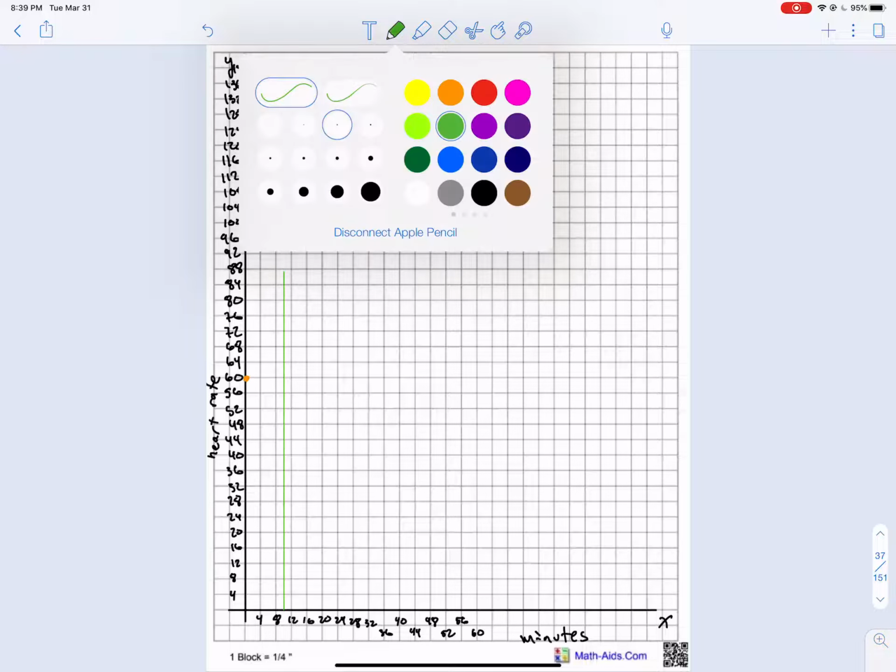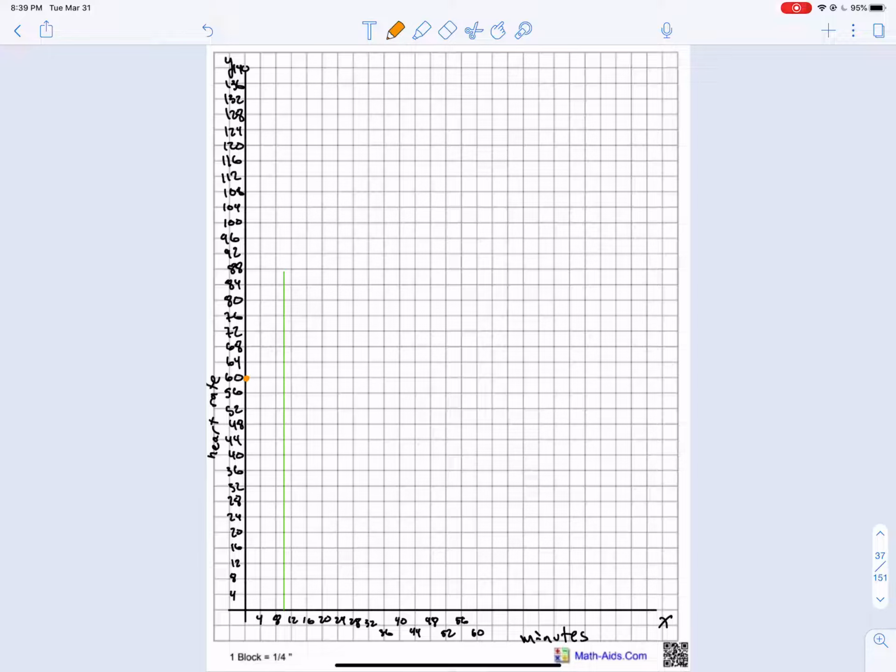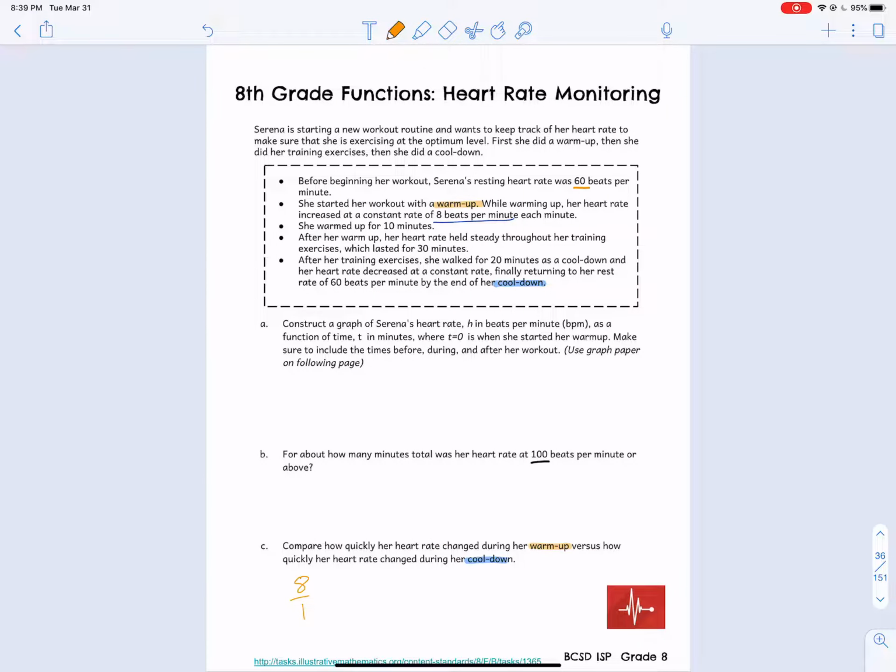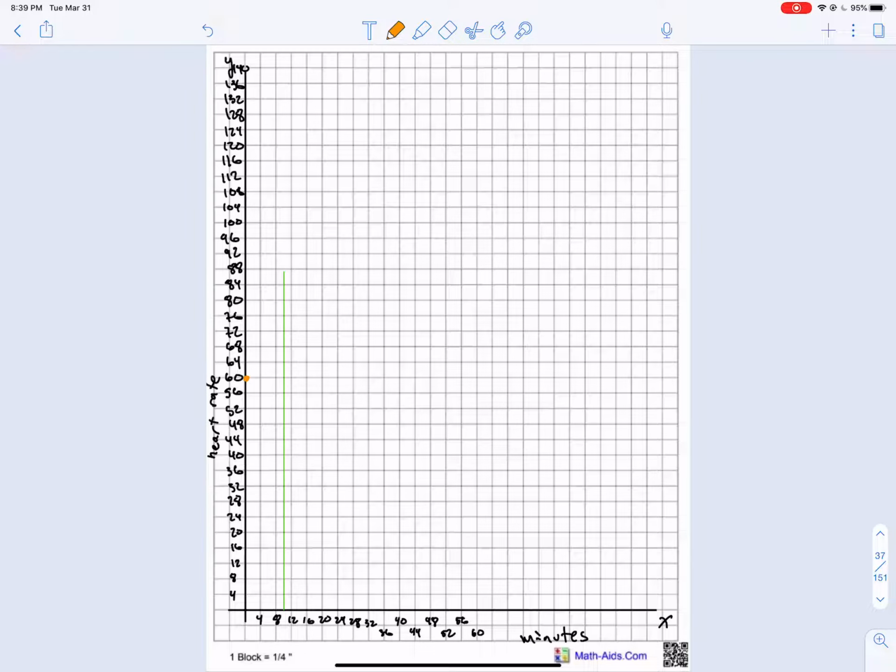And we're going to graph using a rate of change of 8 per minute. My graph goes every 4 minutes.